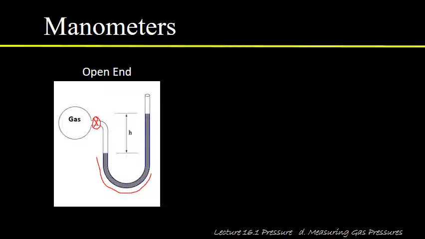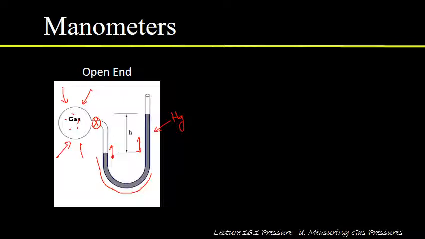So you can take your gas sample, connect it to the U-tube and open the little valve, and the tube is full of mercury. When you open the valve, this column of mercury will move up and down depending on the pressure of the gas in this sample.